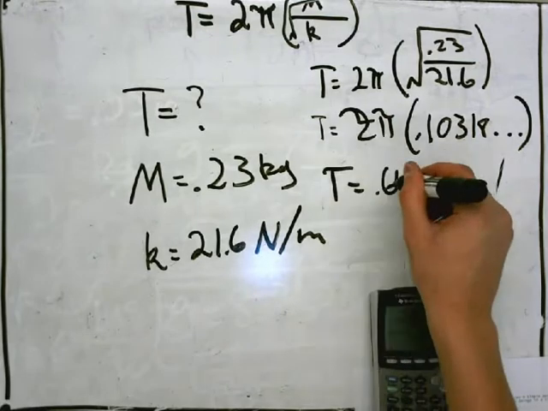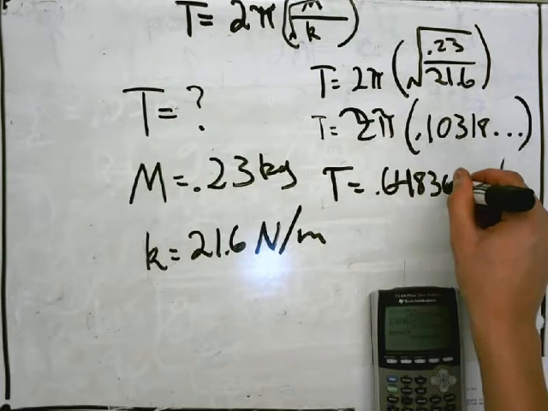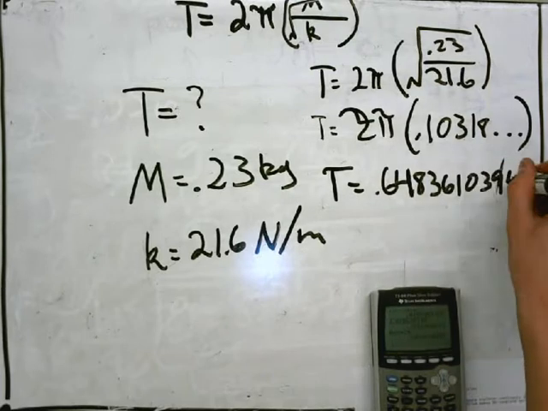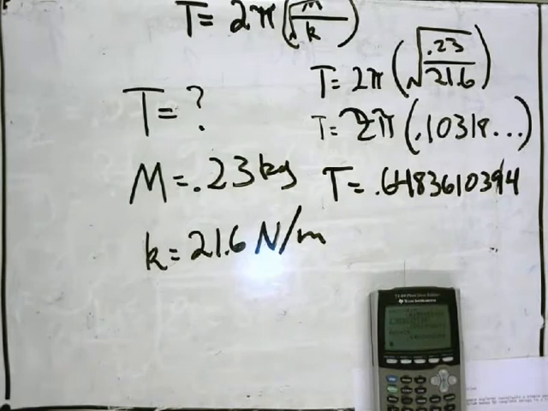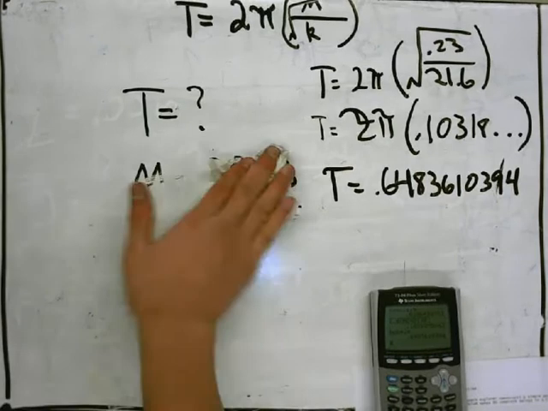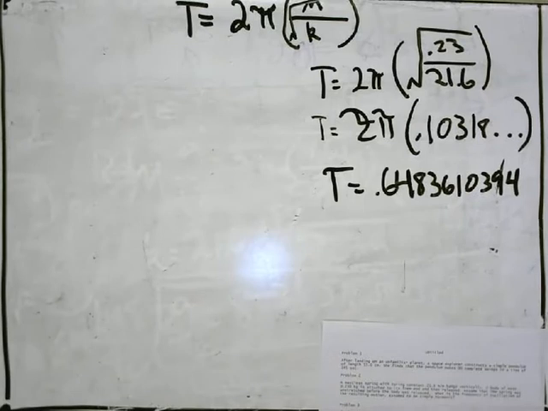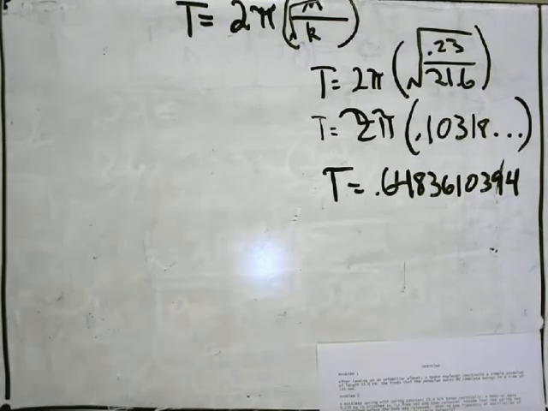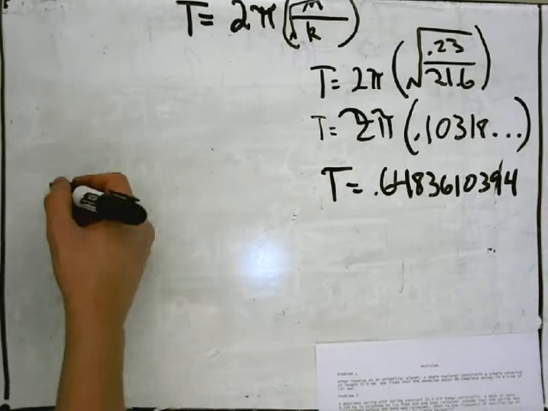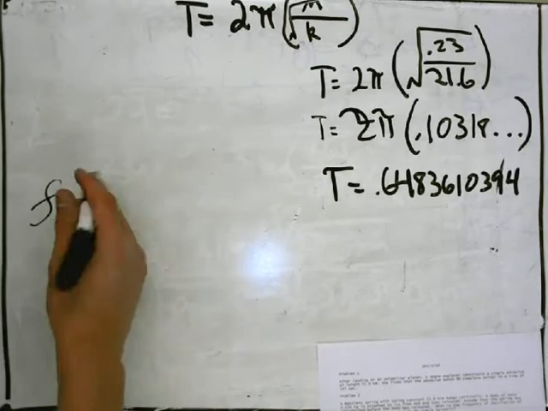So now we know all of our variables, so I'm just going to go ahead and erase this. But, okay, so what the problem's asking for is frequency. What is the frequency of oscillation of the resulting motion? Now, the frequency, which is in hertz, is equal to 1 over the period. They're inversely proportional.